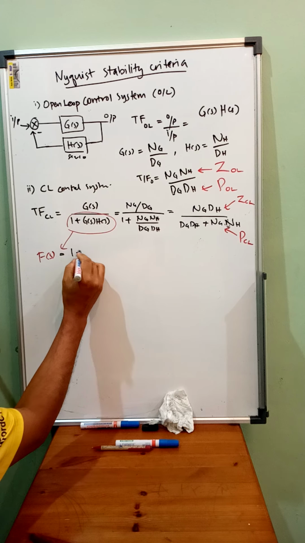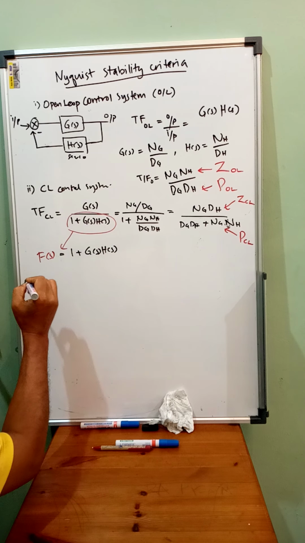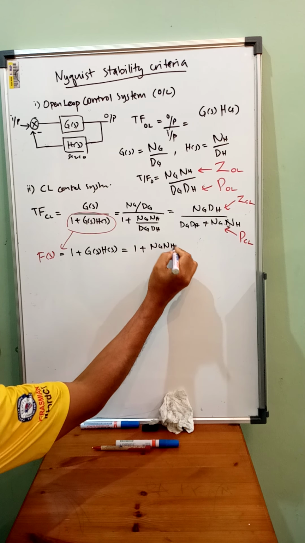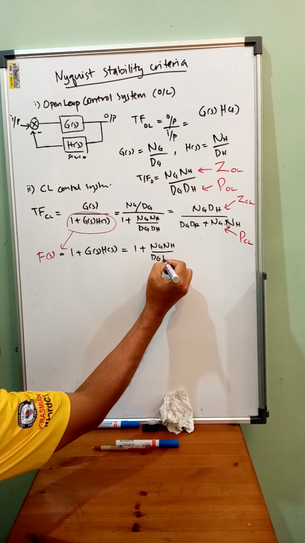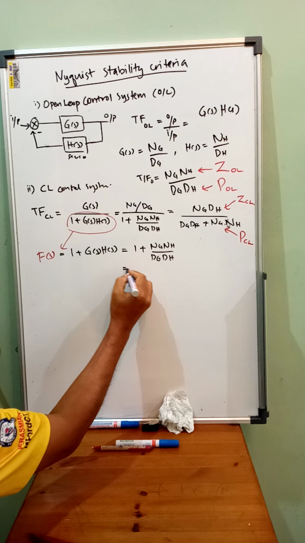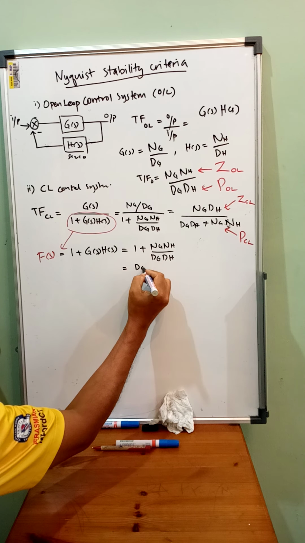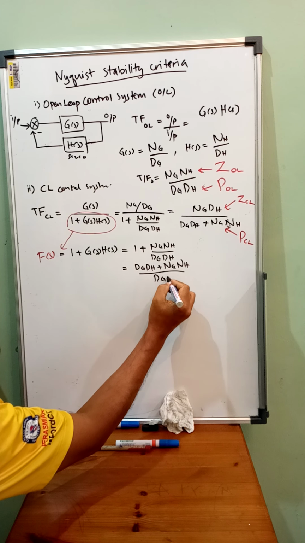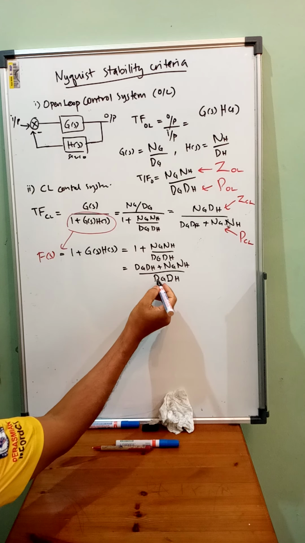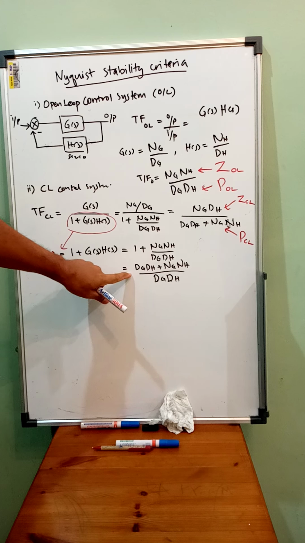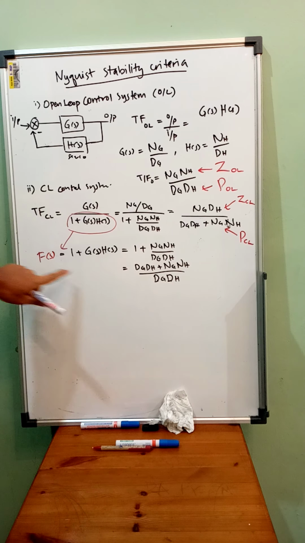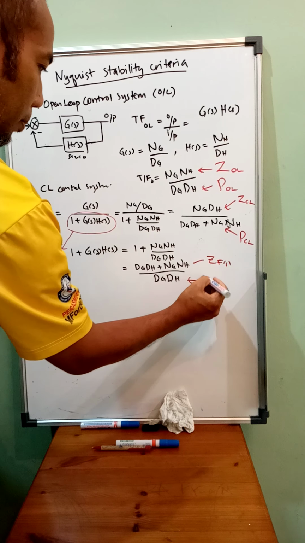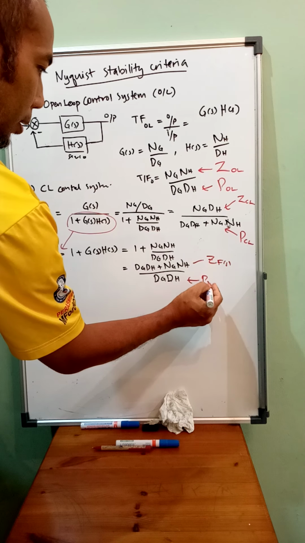F(s) is equal to 1 plus G(s)H(s), which equals 1 plus NG NH over dG dH, which equals dG dH plus NG NH over dG dH. This numerator is the zero of F(s), and this denominator is the pole of F(s).